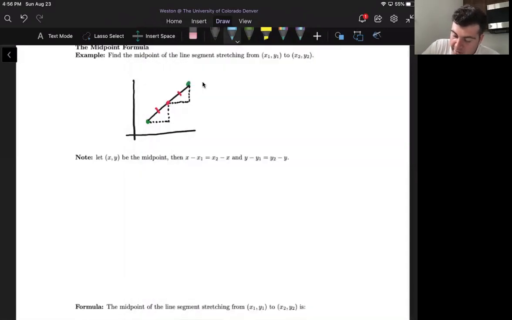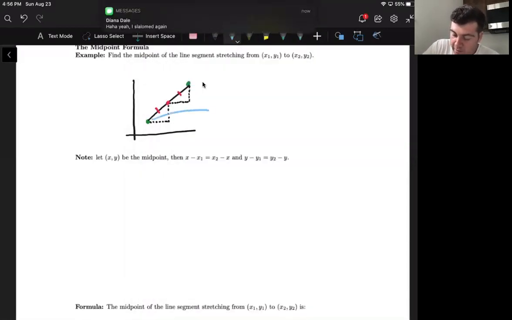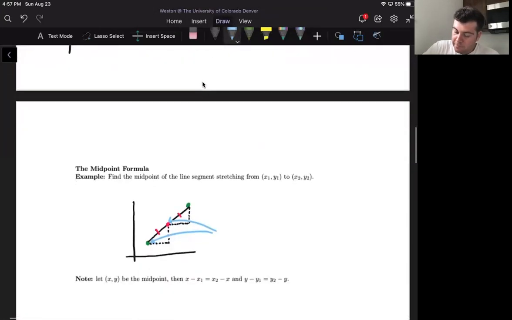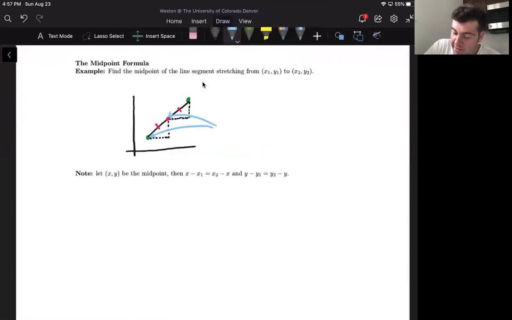And that's going to then tell us by the corresponding angles theorem that these angles are congruent, and then similarly, this angle and this angle also have to be congruent.